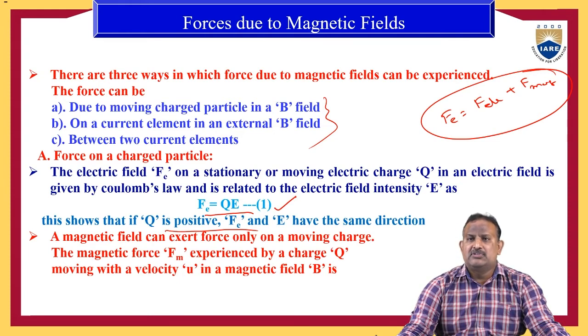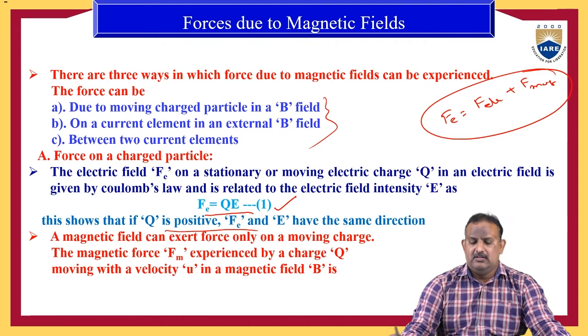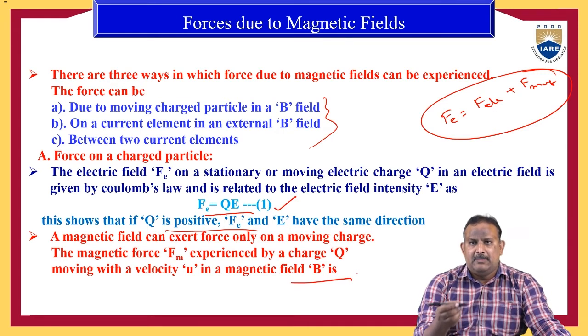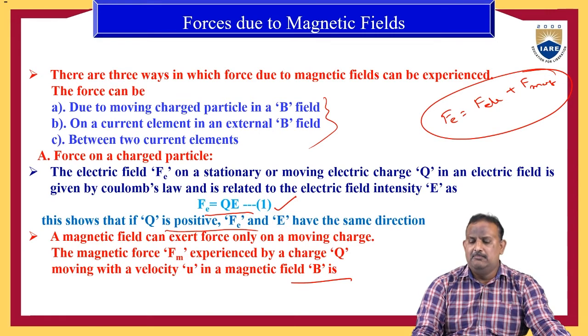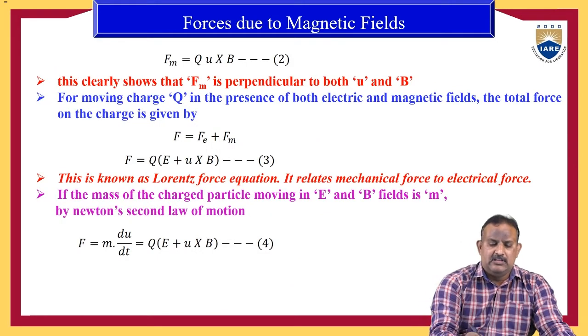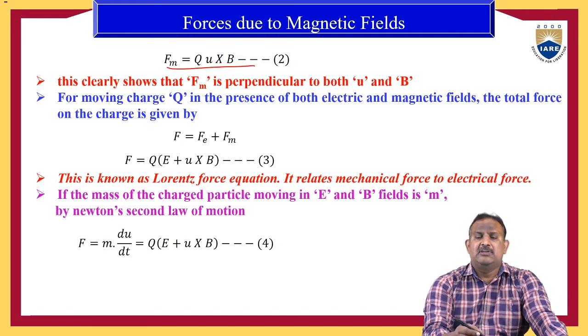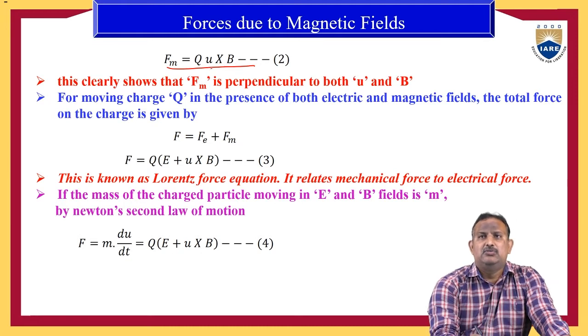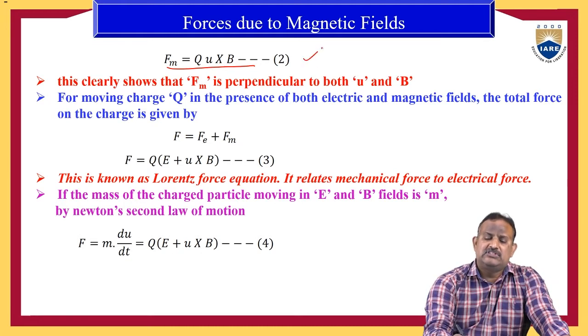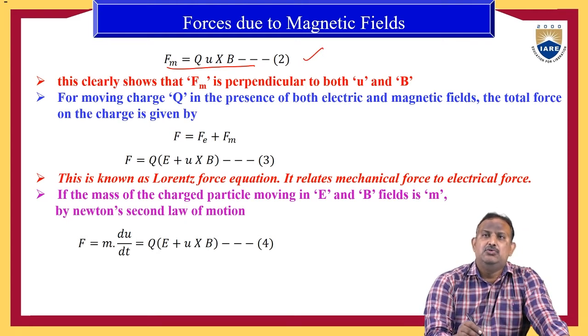Therefore, the magnetic force Fm experienced by a charge Q moving with a velocity U in a magnetic field B can be estimated as Fm equal to Q into U cross B. Fm is the force in a magnetic field.